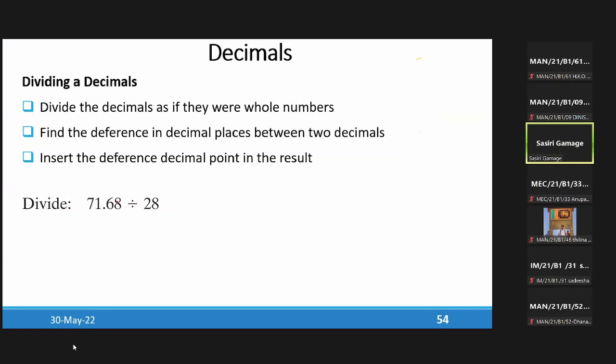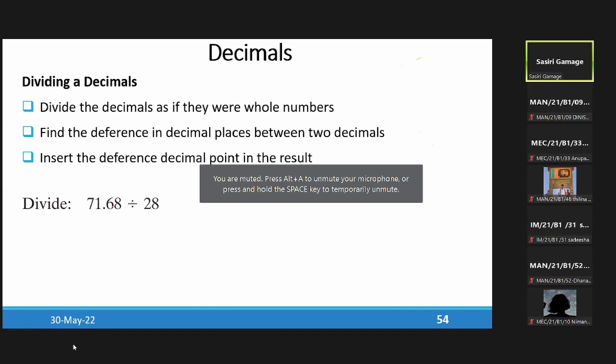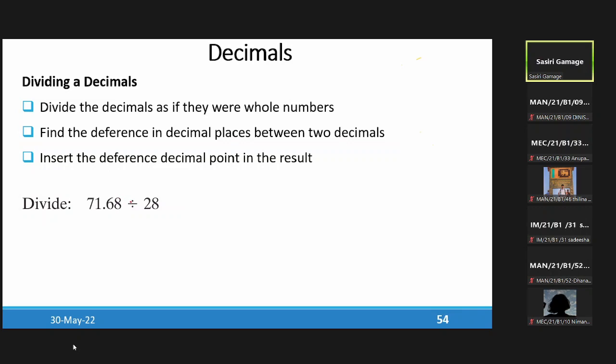Okay, let's do this example. This is the example given. What we can do is consider this as two whole numbers. When we consider it, we have 7,168 divided by 28.